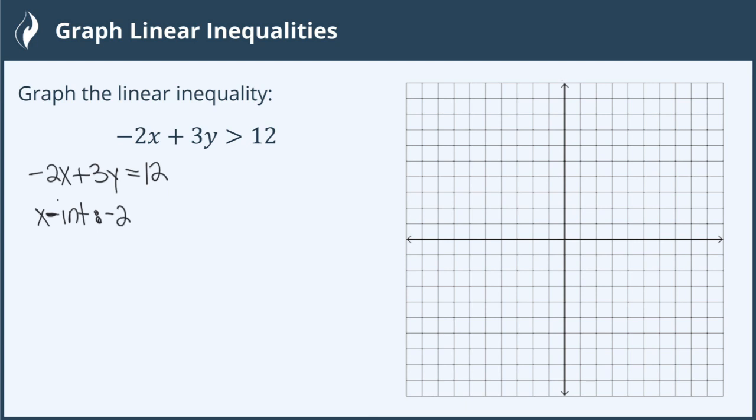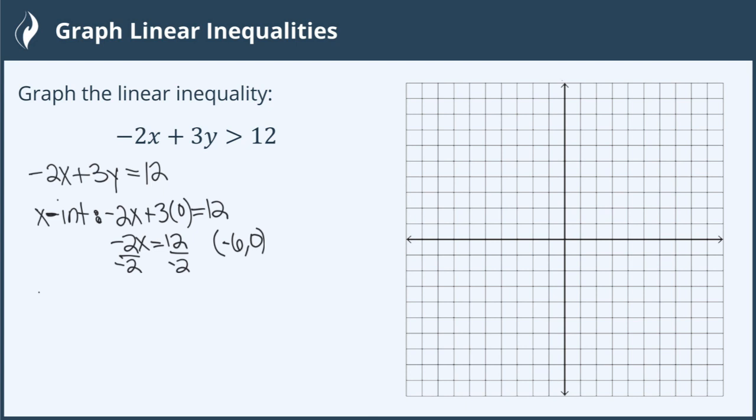So we have negative 2x plus 3 times 0 equals 12. So this means negative 2x equals 12. So the x-intercept, if we divide both sides by negative 2, is negative 6. So it's negative 6, comma 0, because remember the y was 0.